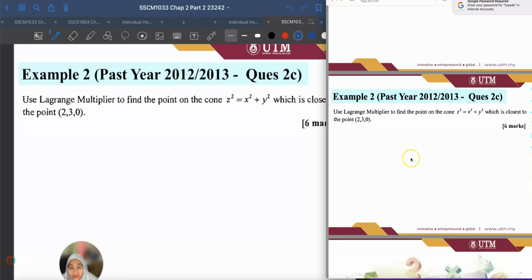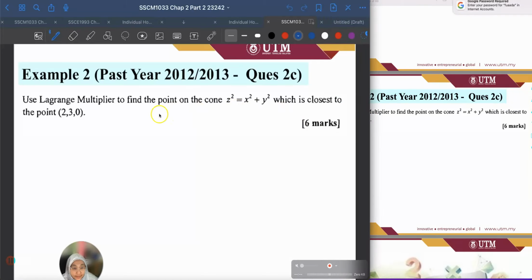So this one is taken from a past year exam question. Use Lagrange multiplier to find the point on the cone which is closest to the point 2, 3, 0. Okay, you have to imagine the problem now, you have cones, 2 cones up and down, and you want to find out the shortest distance between the cone and the point 2, 3, 0.